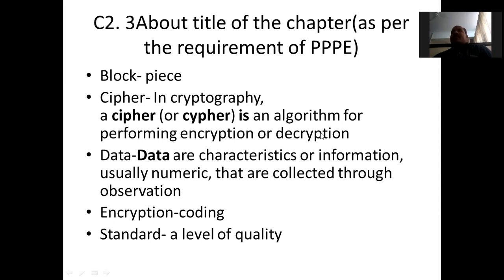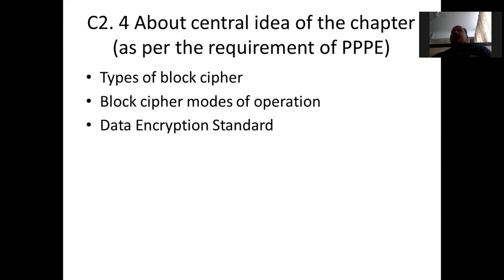A cipher is an algorithm for performing encryption or decryption. The data are characteristics or information, usually numeric, collected through observation. Encryption is about coding, which means the conversion of plain text into ciphertext. And the standard is the level of quality here.